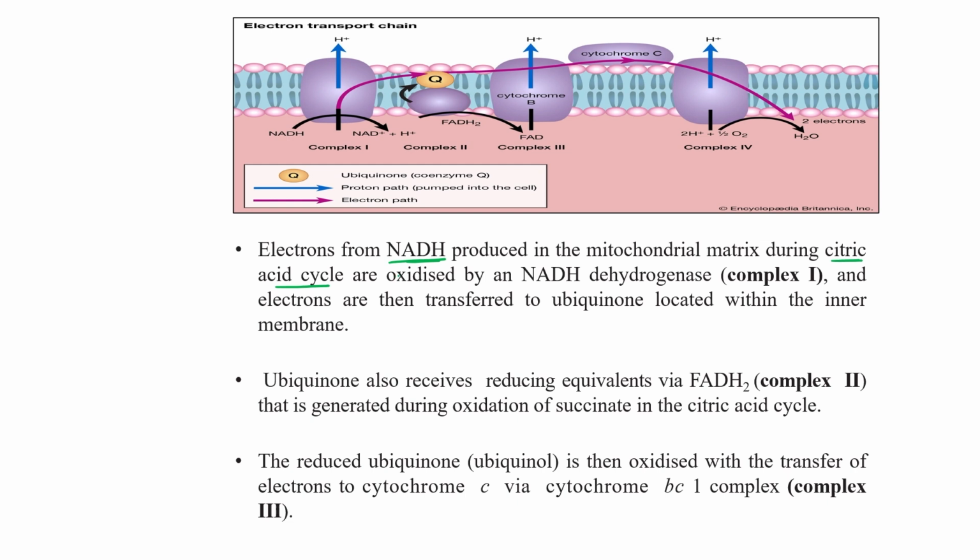So electrons from NADH produced in the mitochondrial matrix during the citric acid cycle are oxidized by NADH dehydrogenase in complex 1. This is complex 1, NADH dehydrogenase. Here NADH is converted to NAD and electrons, and these electrons then pass through ubiquinone to the second complex, to the third complex, to the mobile carrier cytochrome C, to the final complex 4.